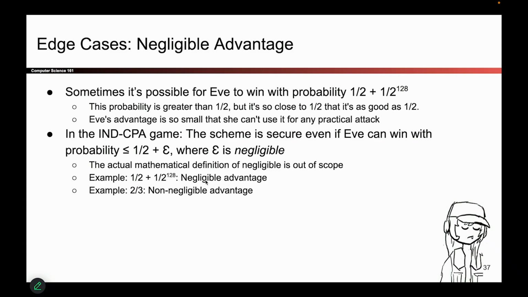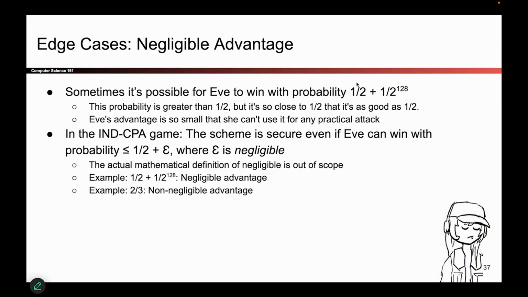We don't particularly care about that because, yeah, maybe Eve is winning more often than random, but that kind of advantage is so small that it cannot be converted into any real attack. So even though she can win the game, she can't actually execute any realistic attack with these kinds of odds. So we're not going to worry about attackers like this that can win with just slightly better than half. They are not relevant in our particular threat model. So this is the third edge case.